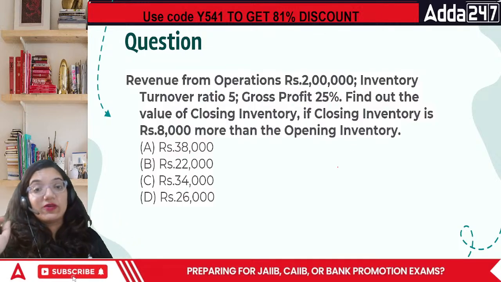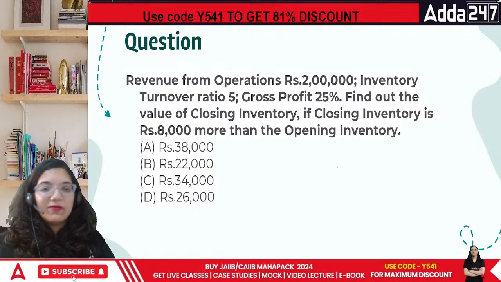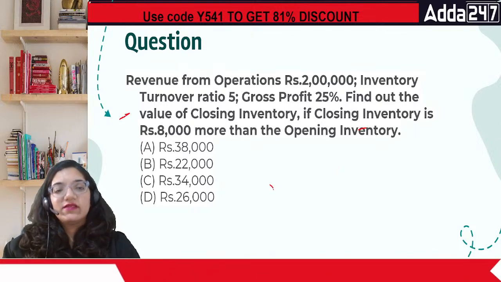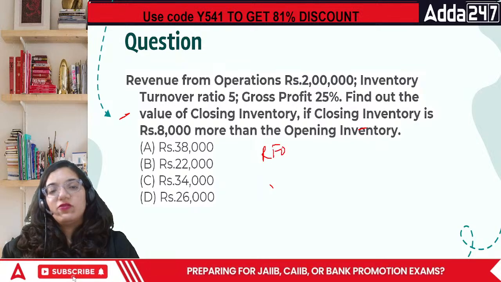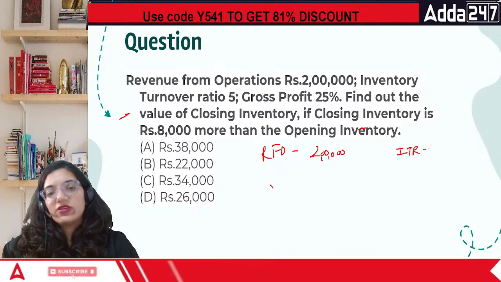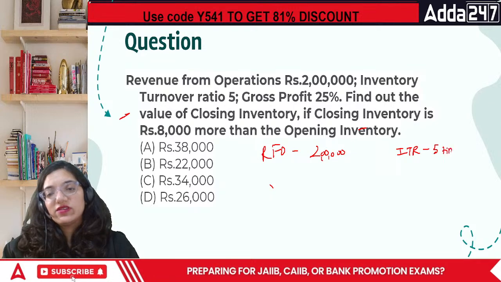Okay, everyone, another question of similar nature. Another numerical question. Revenue from operations is 2 lakh. RFO is 2 lakhs. And inventory turnover ratio is 5 times.